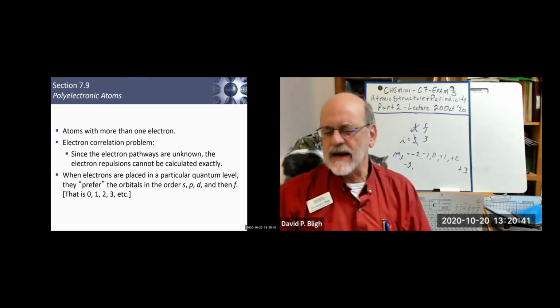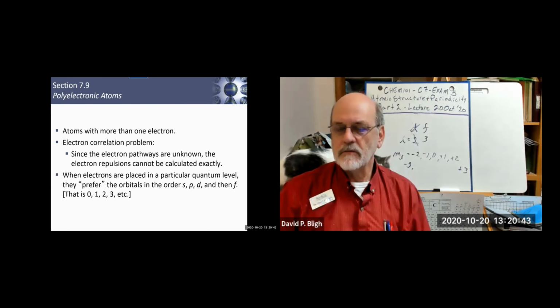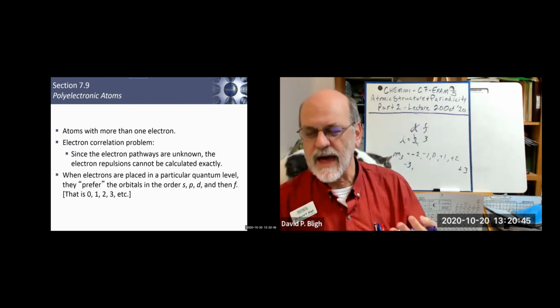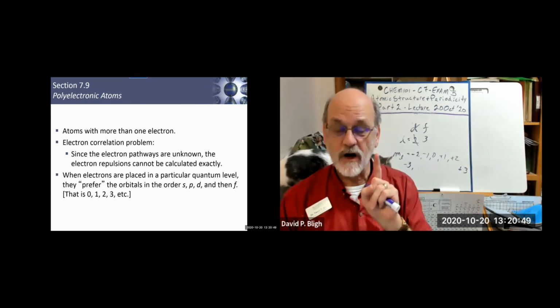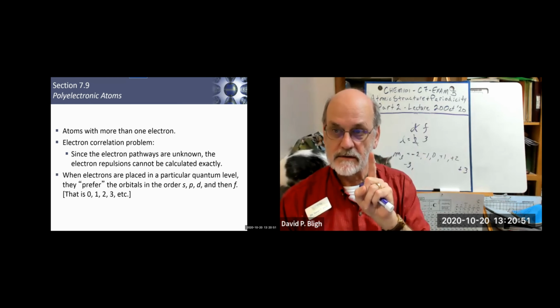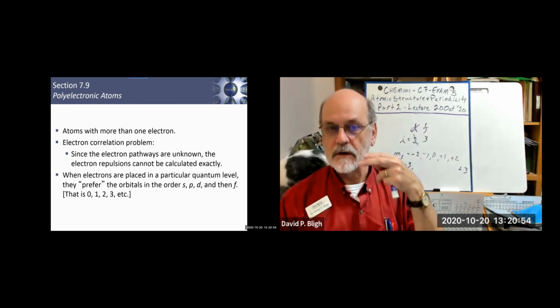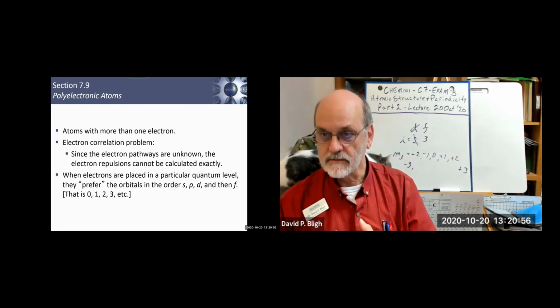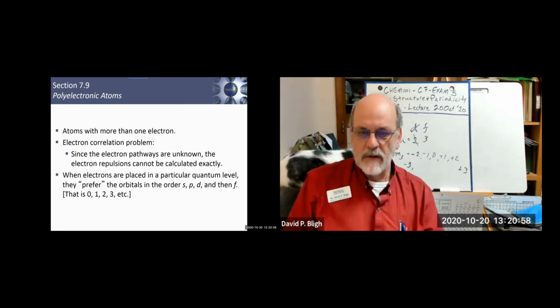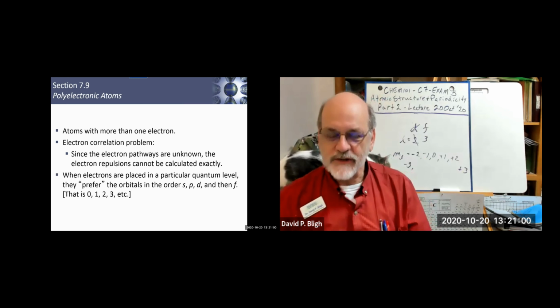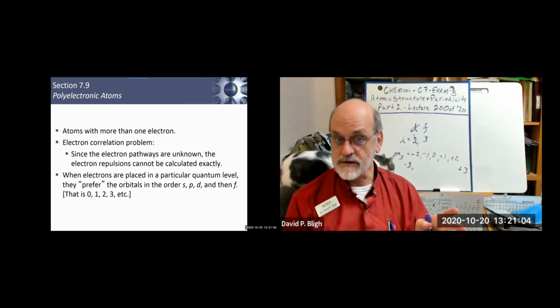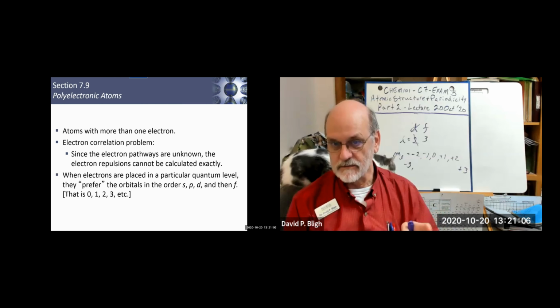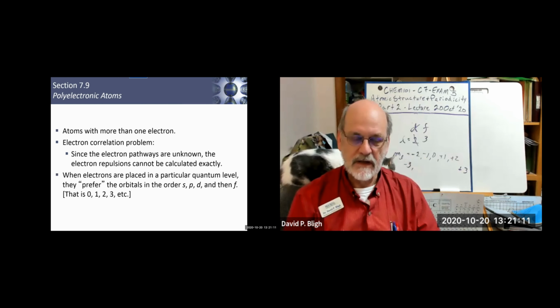So the hydrogen atom is what we would call a monoelectronic atom. And ions that only have 1 electron in their orbitals surrounding the nucleus, those are monoelectronic atoms. But most elements and most ions in the universe are polyelectronic atoms. They have more than 1 electron surrounding the nucleus.